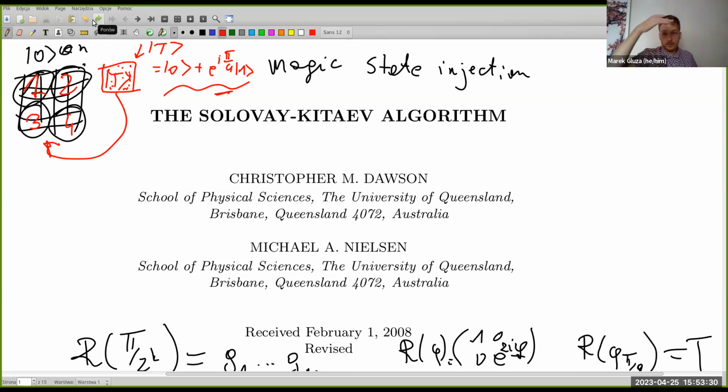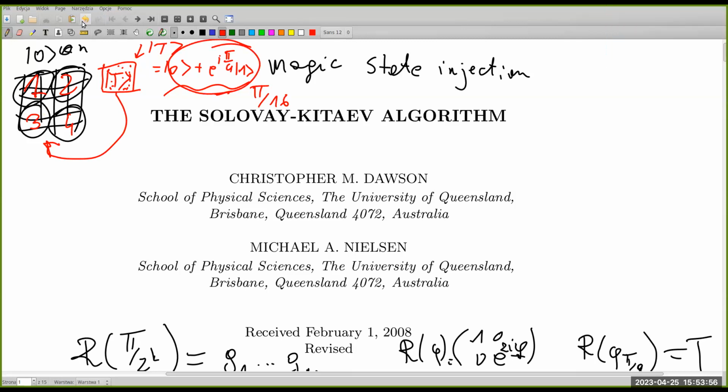To correct it and make it deterministic, because it depends on some stochastic measurement outcome, you need further Clifford operations. But if you were injecting pi over 16, you will need T gates to make the corrections. So I see.